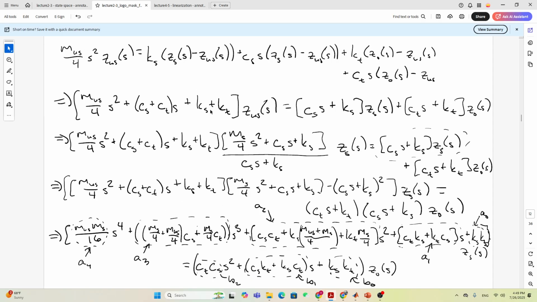So go back to the equation right now showing on the second row. You can see z_u of s. We just substitute with this chunk of coefficients that is represented by z_s of s. And after that, if you look at the third equation, you will see the entire equation is only a function of z_s of s and also z_0 of s.